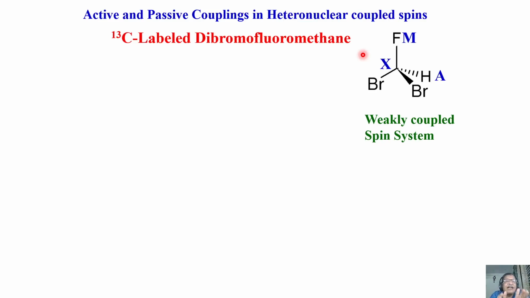In other words, the chemical shift separation is megahertz away. They are all resonating at different frequencies separated by megahertz, so it's a weakly coupled spin system. You understand? All heteronuclear spin systems are weakly coupled because of large chemical shift separation.